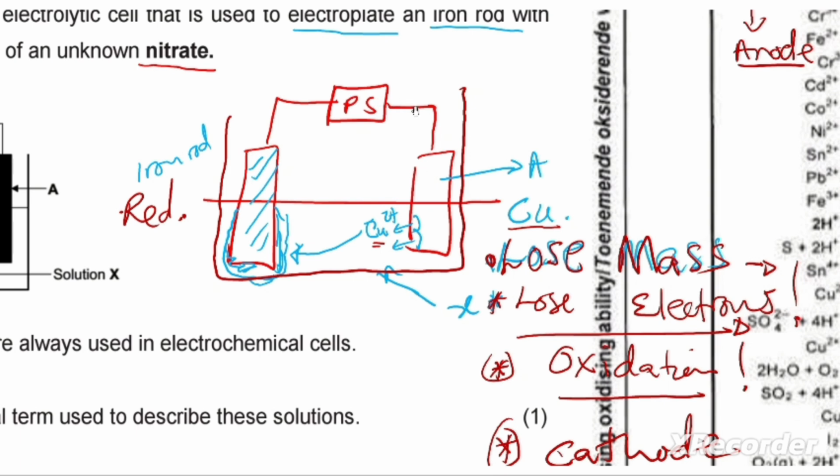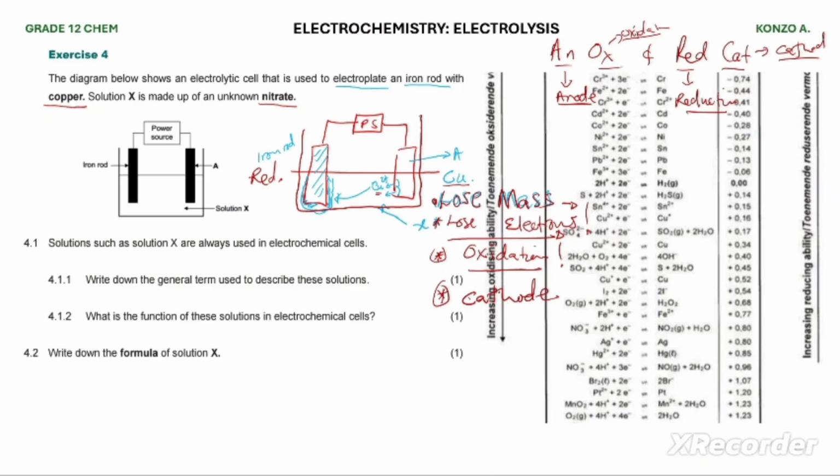Whereas where electrons are leaving, we expect this to be positive, because we say they go in through the positive terminal.